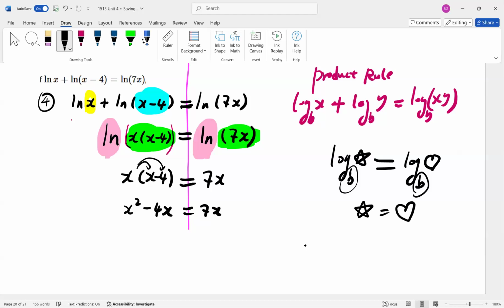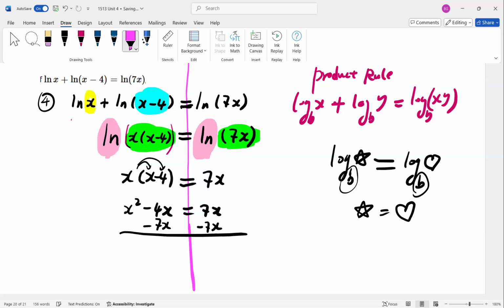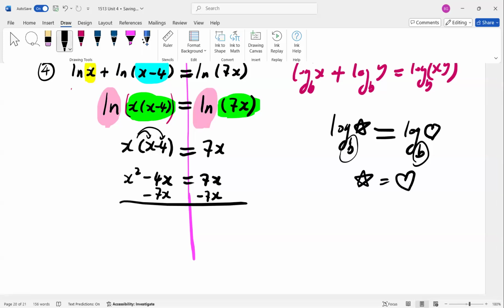Oh, not too bad. We don't have a constant, that's the reason. Minus 7x, the right side is 0. Left side, x squared minus 11x. Negative 4 minus 7 is negative 11.